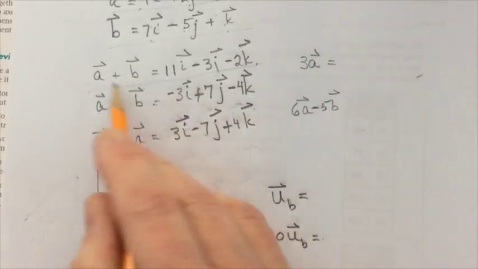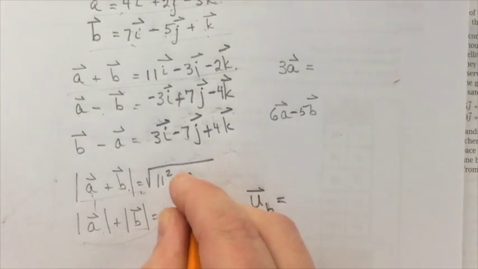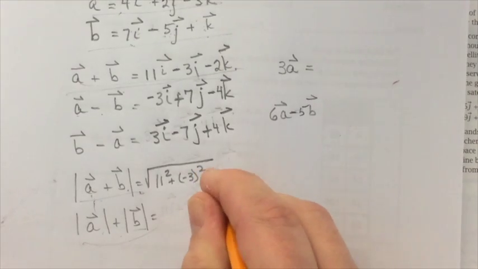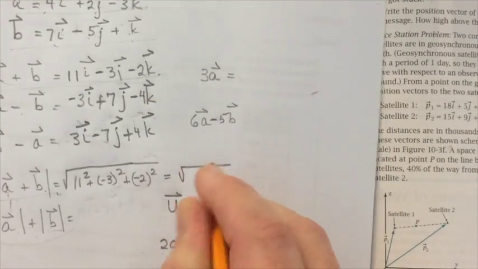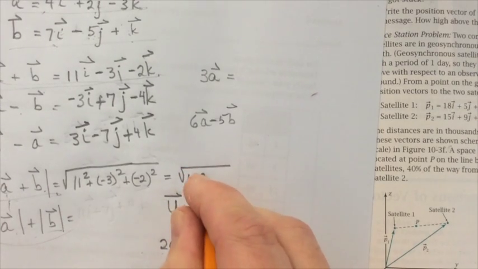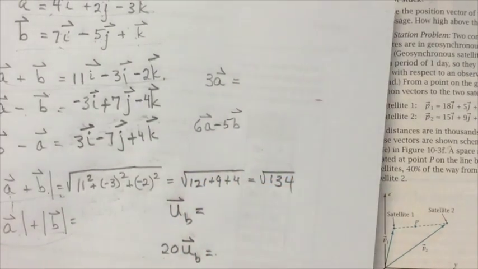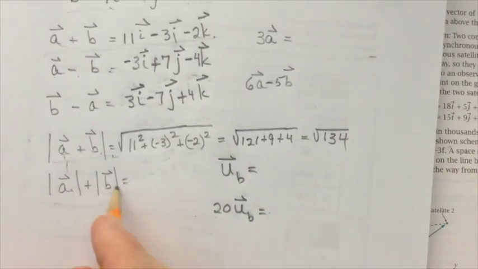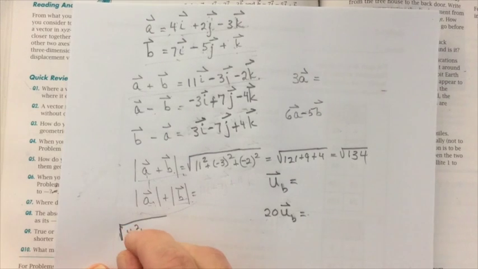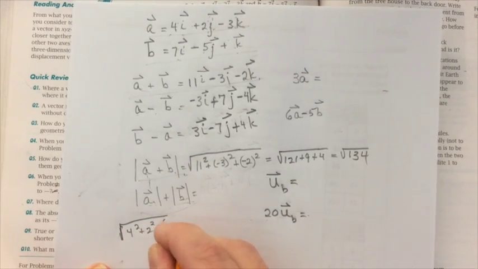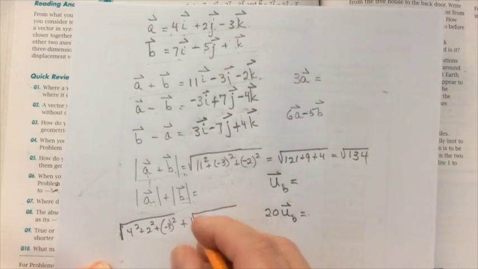To get the magnitude, we use the three-dimensional Pythagorean theorem, square each of the magnitudes of the components, add them together, take the square root of that, and in this case that turns out to be the square root of 134. Now if we want to take the magnitude of A, and add that to the magnitude of B, we're going to wind up with something different.